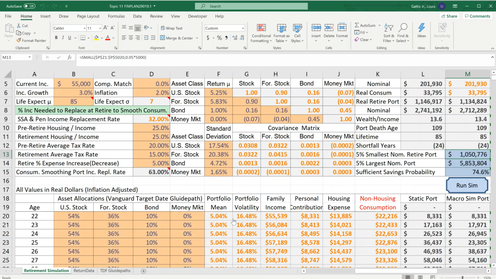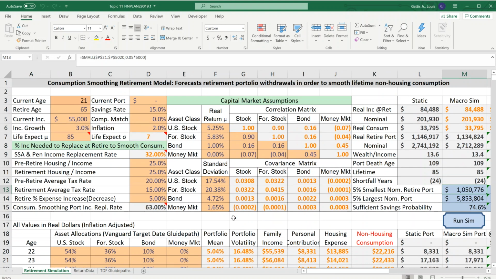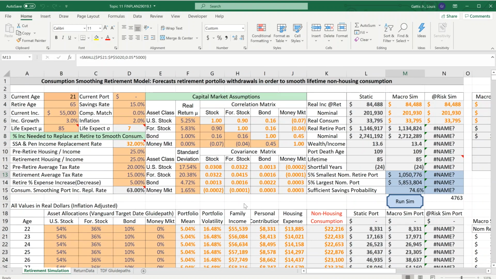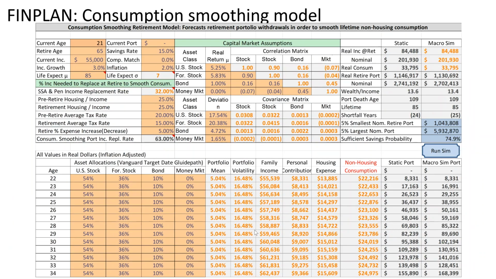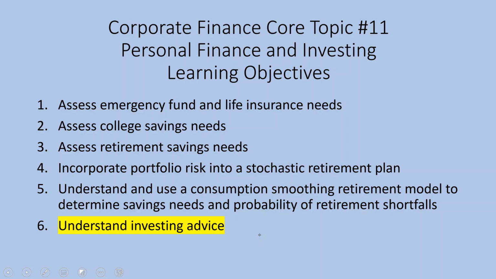So this is the model. This is how you use it, and it gives me similar results to when I get professionally done models through my retirement managers. So that is a deterministic or stochastic consumption smoothing retirement model, which is the basis of most models that you'll get if you get a personal financial plan.